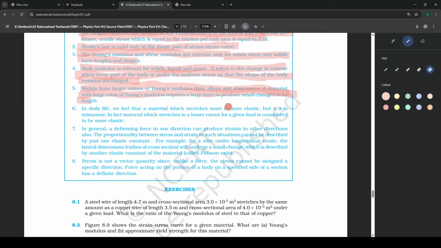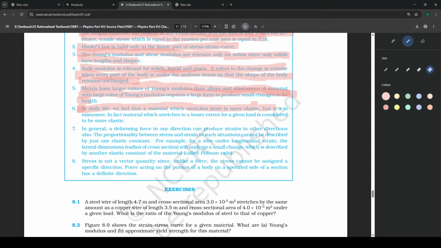In daily life, we feel that a material which stretches more is more elastic. That is more of a casual way of saying things. We say that the material which stretches more is the only thing that is elastic, but that is not the case.